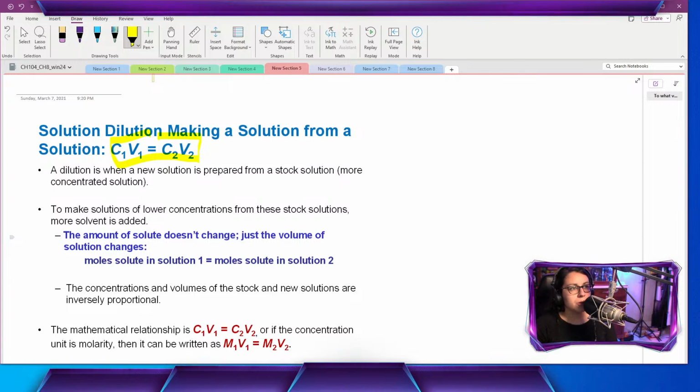And so this is the most broad version of the formula. So this is one that I encourage you to have in your mind. And what's nice about this is our concentration units can be in anything.